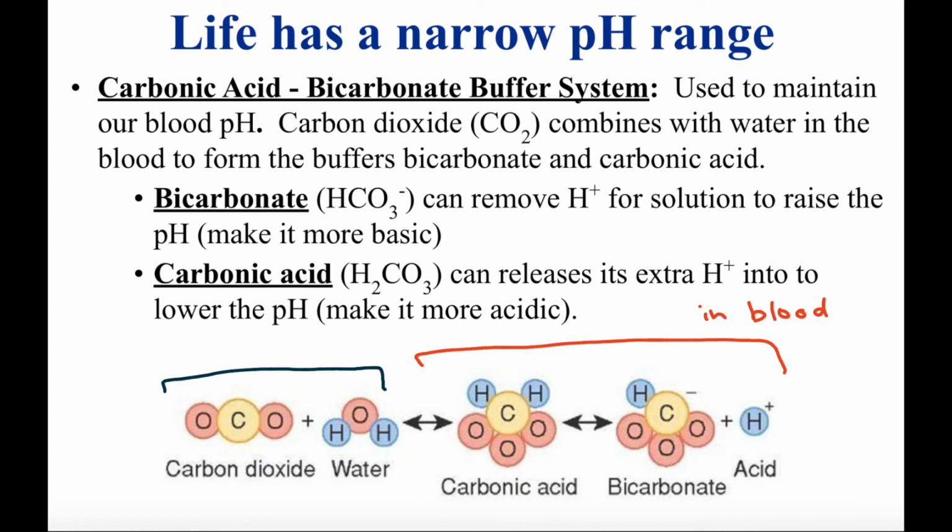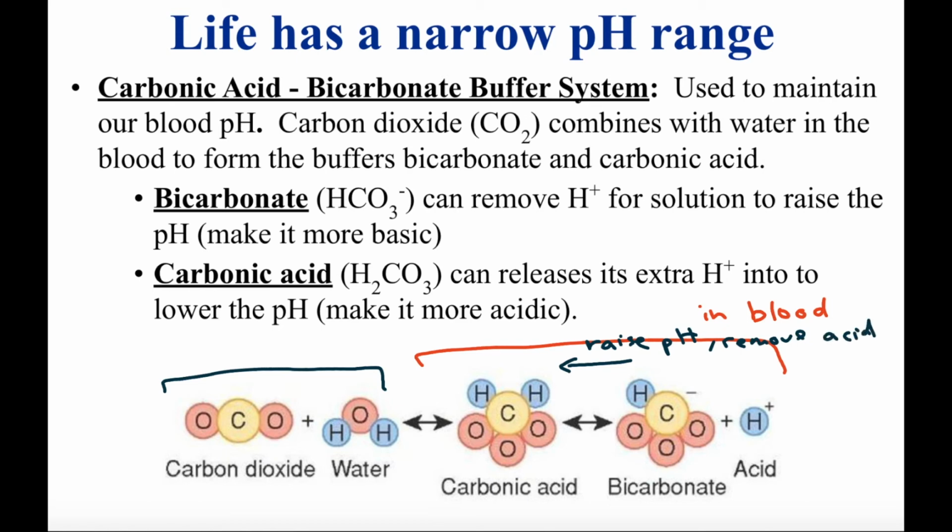So any extra acid that comes into your body will combine with bicarbonate, and the bicarbonate will get used up to make carbonic acid if you have too many hydrogen ions. This will raise your pH and remove acid if you use up your bicarbonate.